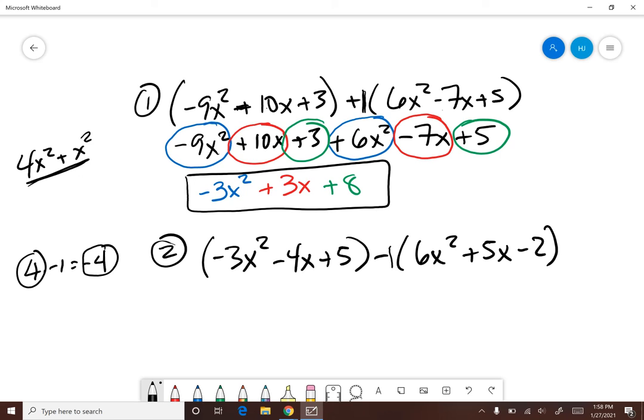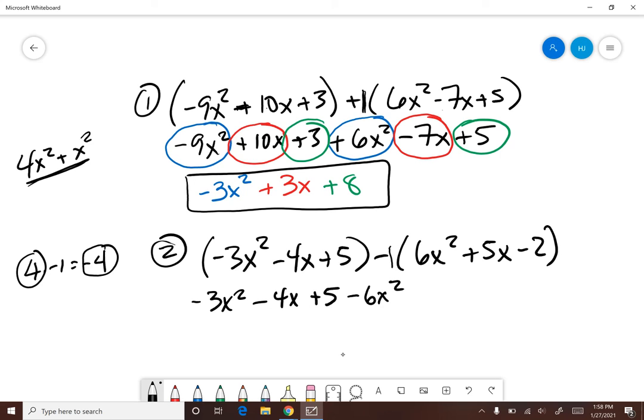So here's what we need to do with this, we need to rewrite this just like we did up here. We're going to have negative 3x squared minus 4x plus 5. But now I'm going to be subtracting a 6x squared, okay? So notice what happens. Whatever signs I have over here, it's going to change when I subtract it.